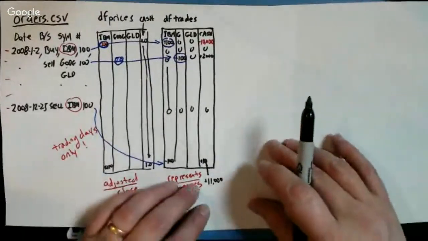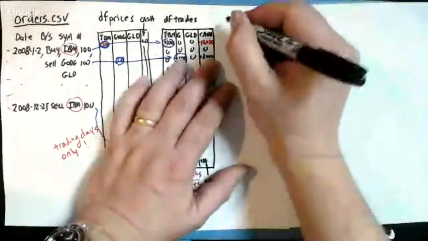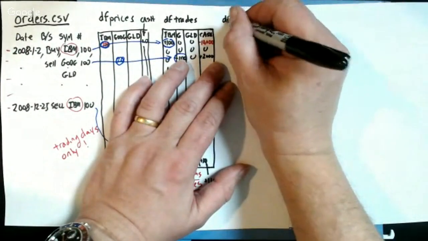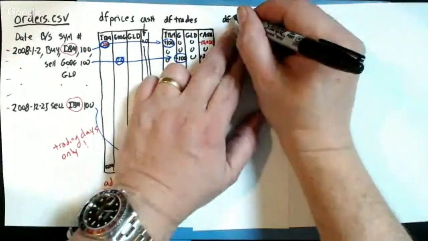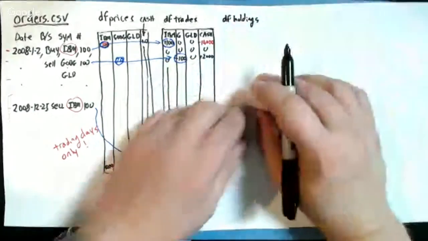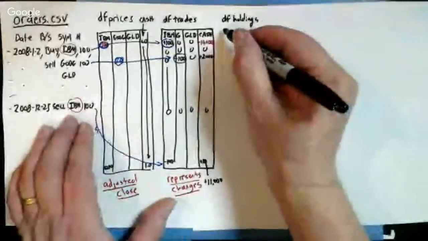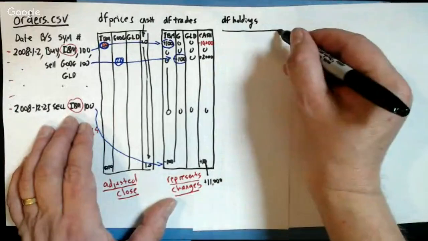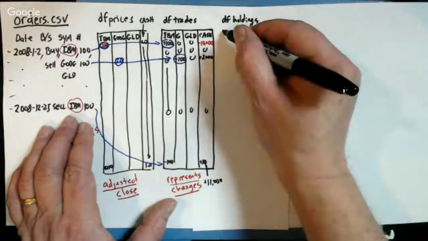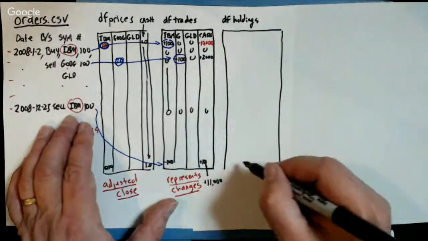Okay. This next one I'm going to call holdings. So this data frame represents on each particular day how much of each asset are you holding.